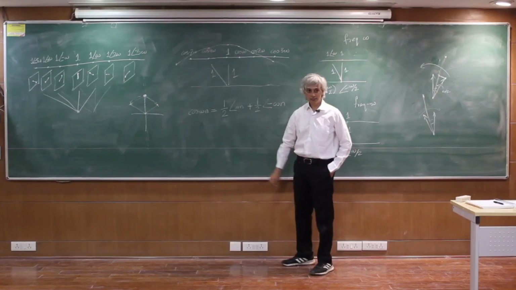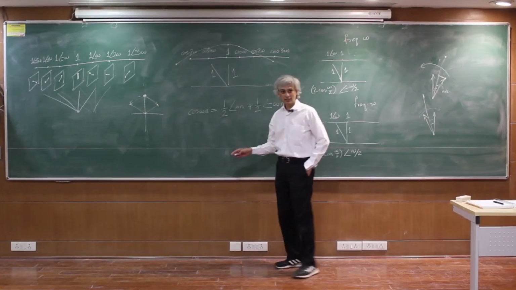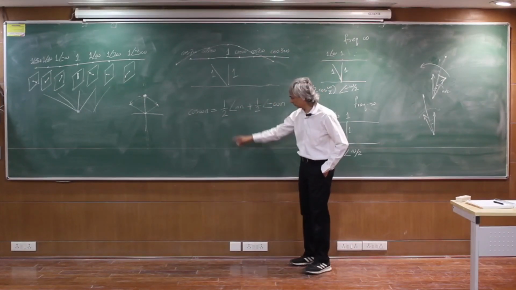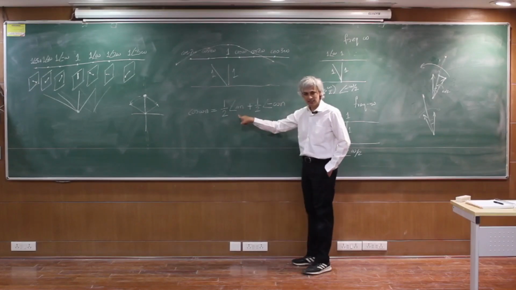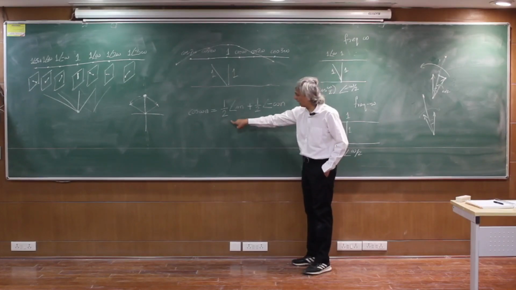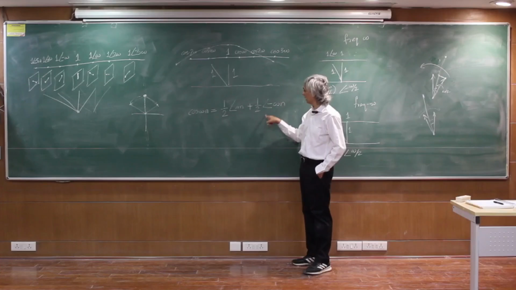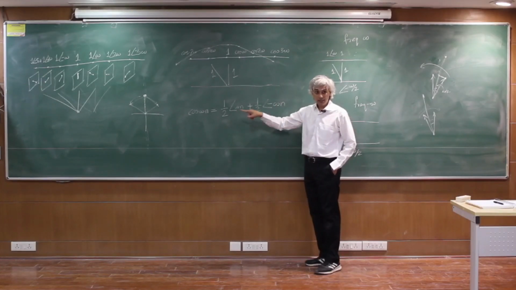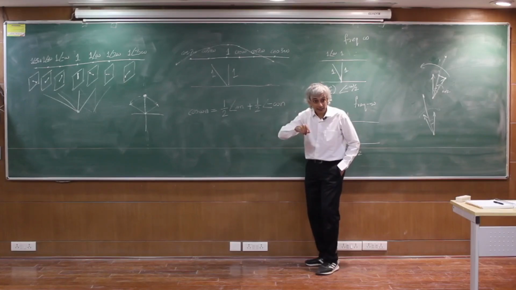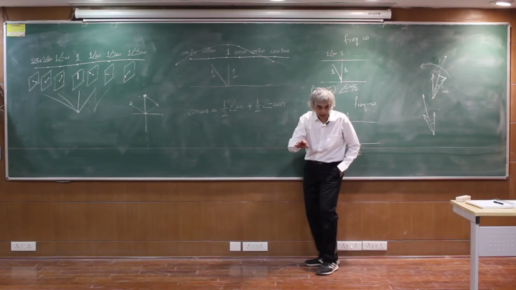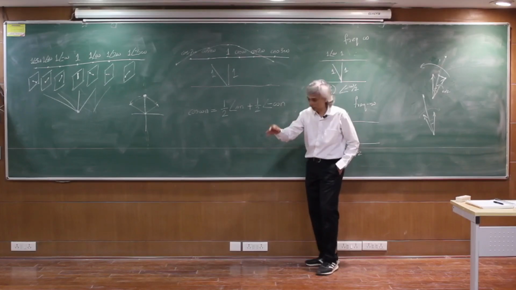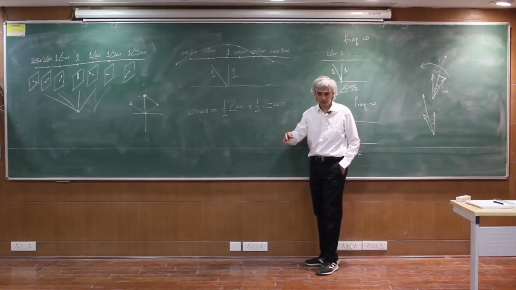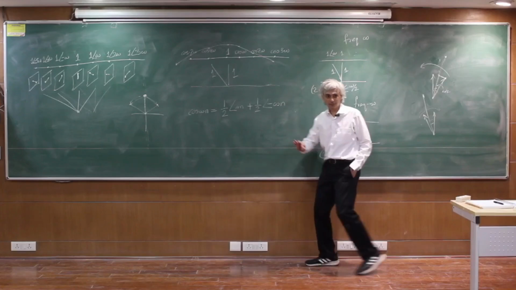So this is half e raised to i omega n plus half e raised to minus i omega n, which is cos omega n. Half e raised to omega n plus half e raised to minus omega n, without the i, is the hyperbolic cos. Correct? Okay.